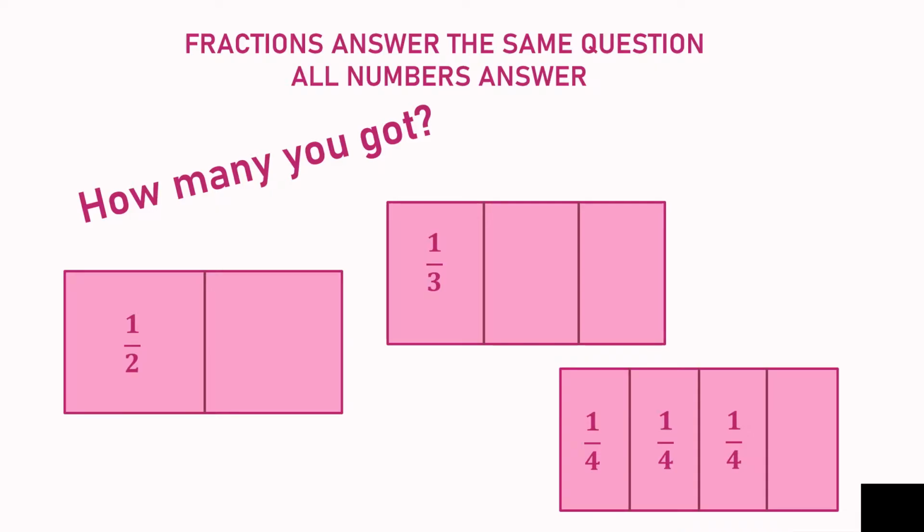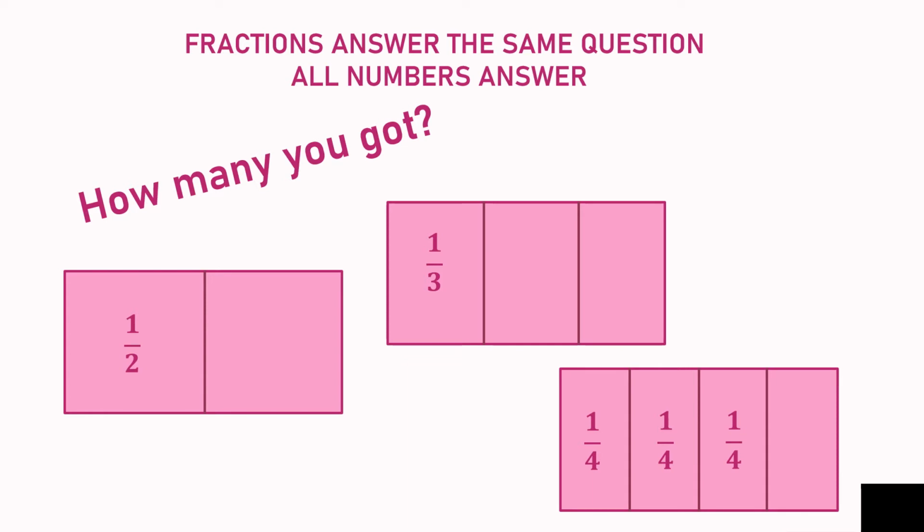We know that a fraction is a number. Fractions answer the same question all number answers: how many do you have? Here we have a unit divided into two equal parts. If we have one of those parts, we have 1/2 of the unit.